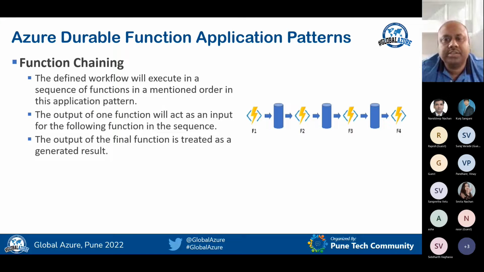Once function 1 is executed, it sends its output to function 2 as input, and function 2 starts execution. Once function 2 is completed, it sends its output as input to the next function, and this way it continues. If function 1 takes 1 day to execute, it will wait, and once it completes, it will send the output to function 2 as input. So this is the normal chaining function.